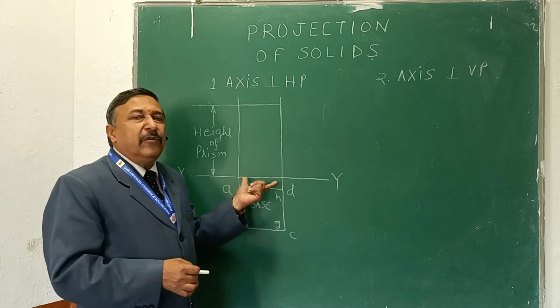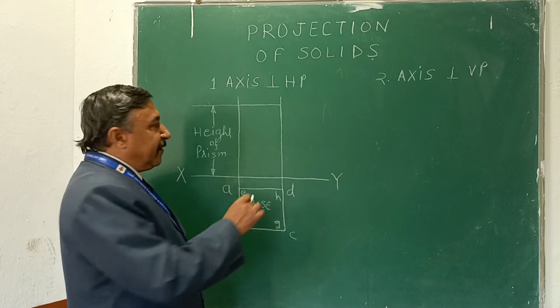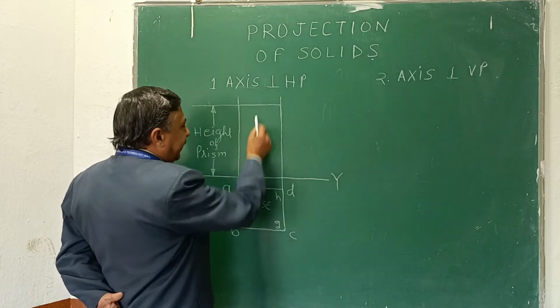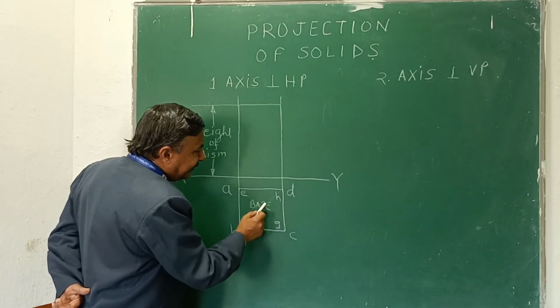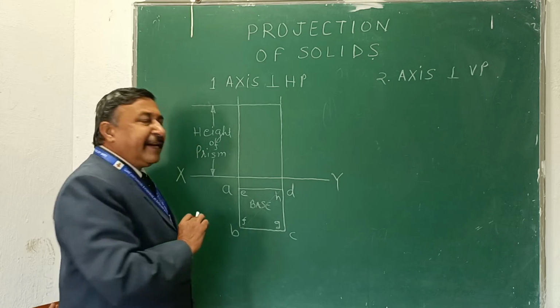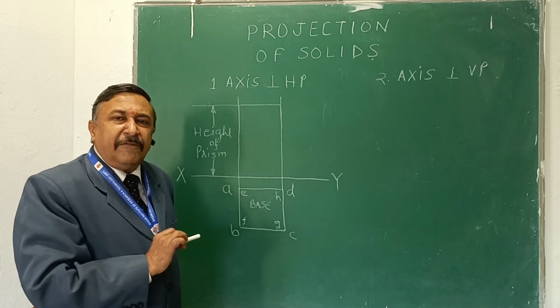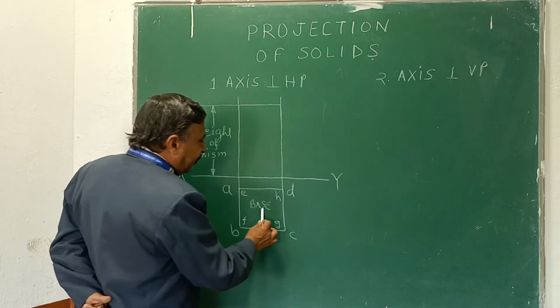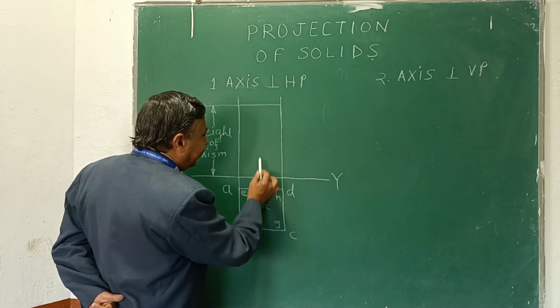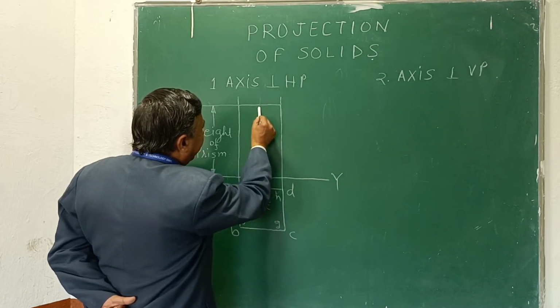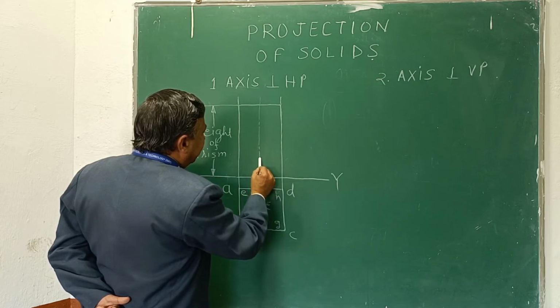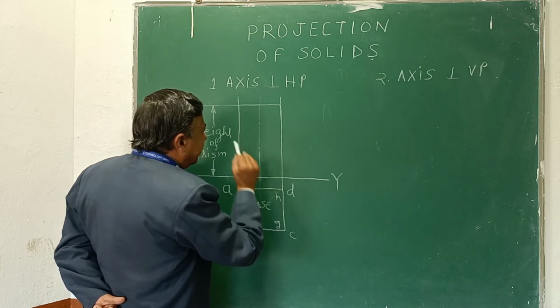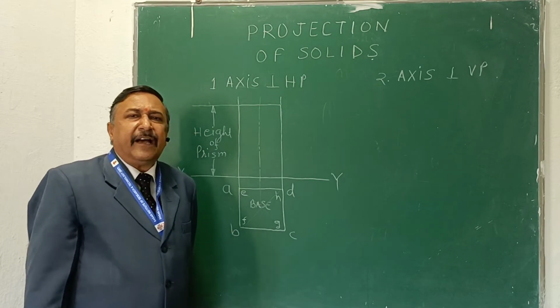Now, we have to show the axis in this prism. At the center, we can find the center by drawing the diagonals of the square base. So, this projector gives you the position of the axis. So, we have to show the axis also.